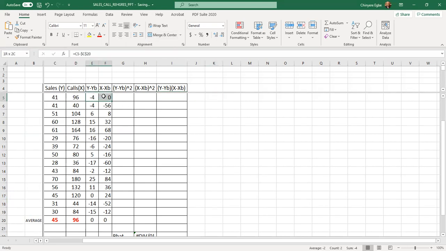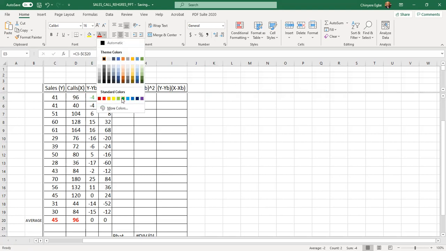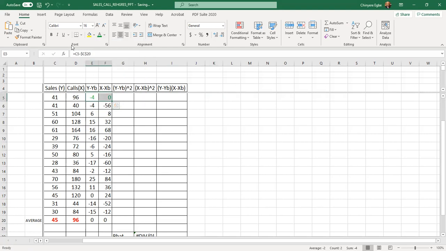This is what you multiply. Multiply these two numbers. I'm going to highlight that in green, make it bold. Okay, so these are the two columns that you multiply.